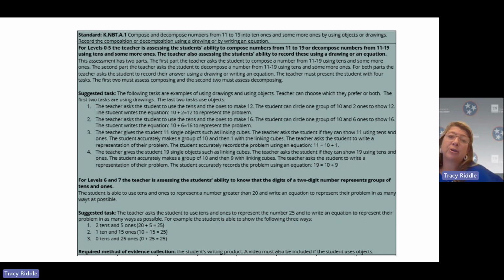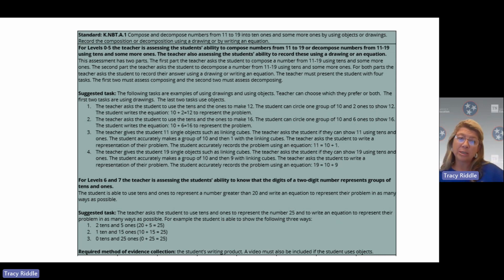So to assess the standard, there are two parts. First, composing and then decomposing. So taking the numbers from 11 to 19, to compose the number, they would take some tens and some more ones to make the number. To decompose the number, they would take the total 11 to 19 and break it down into tens and some more ones.